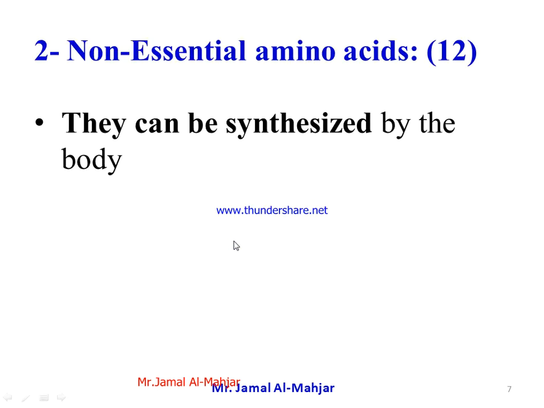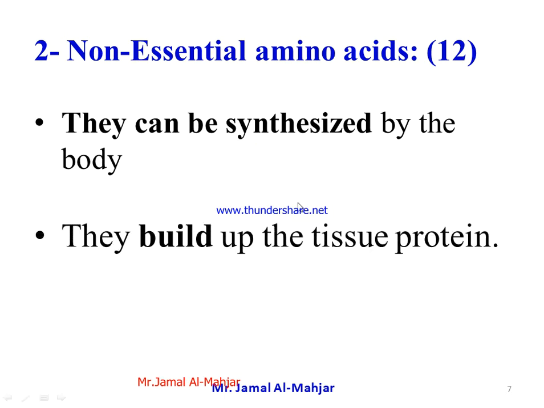The second part, we call them non-essential amino acids, and we have 12, the rest of the 8 to get 20. They can be synthesized by the body. That's why they are non-essential. You take them or not from the food, your body synthesizes them. They are found in the body, they build up the tissue protein for the body.